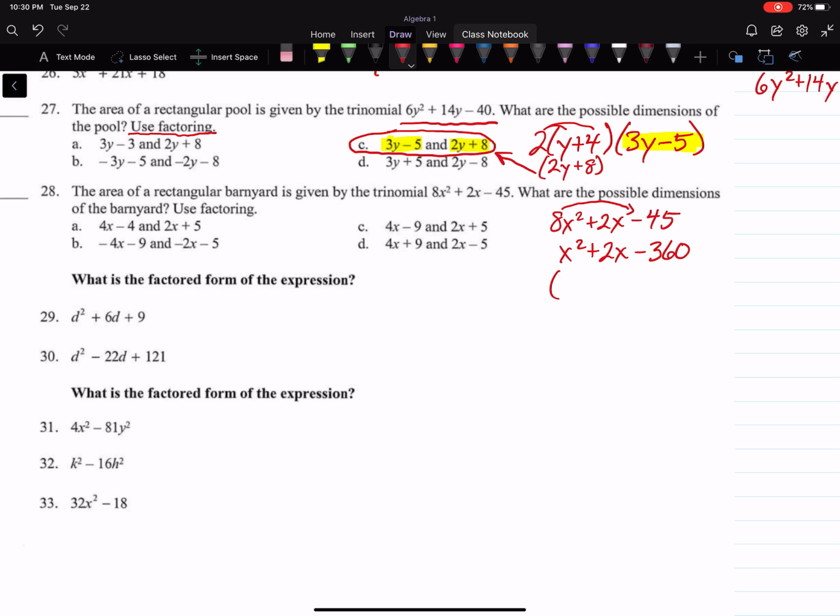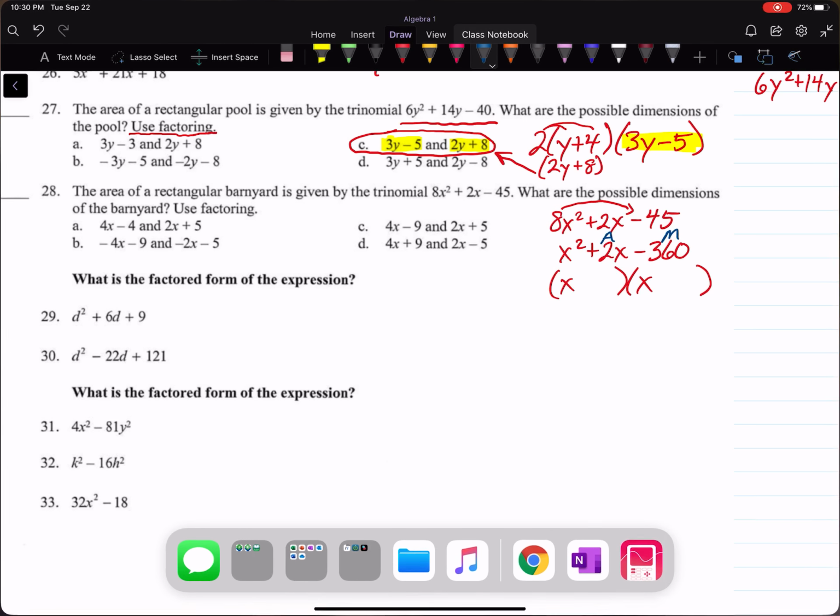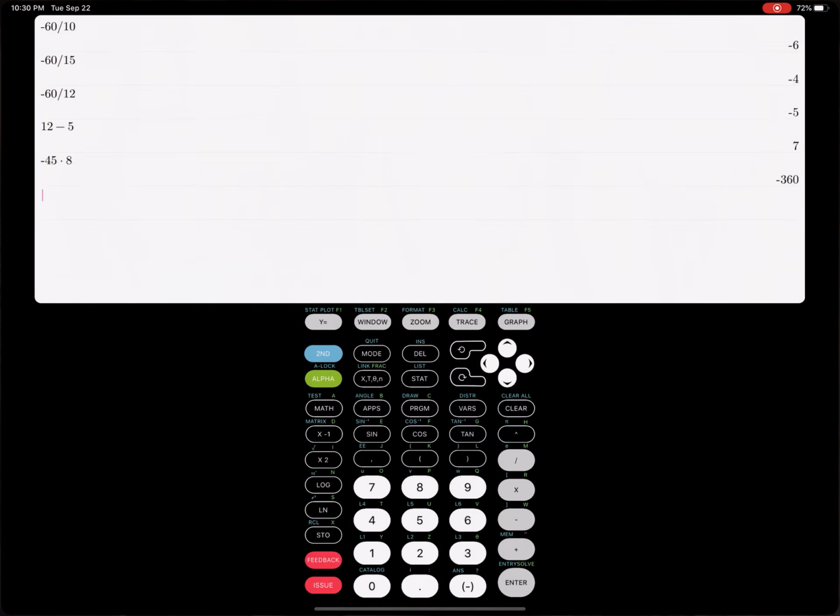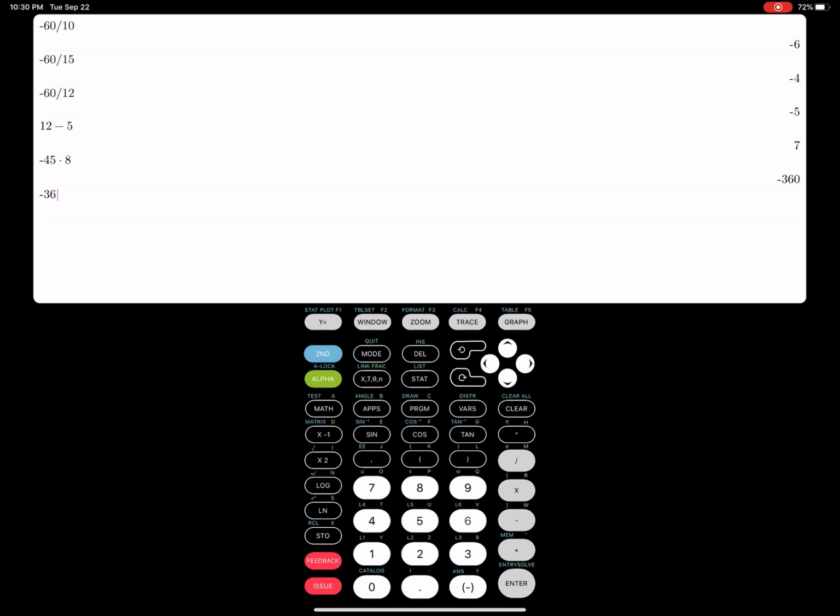And I'm playing the game here. x times x. We need two numbers that multiply to be negative 360 and add up to 2. So negative 360 divided by, let's say, 30. 30 minus 12 is not 2. So a little bigger.